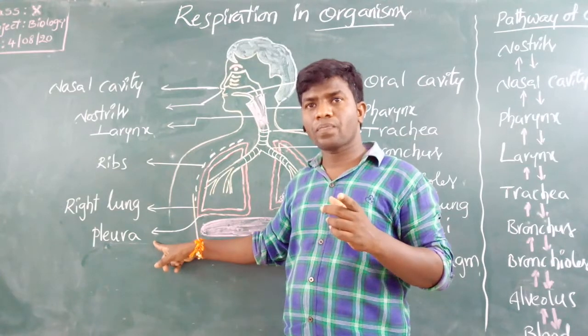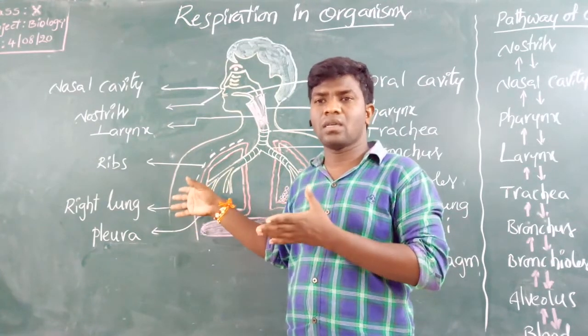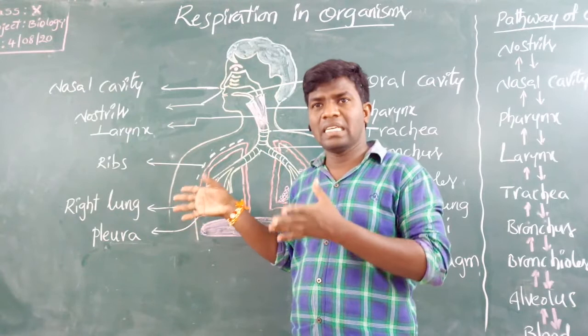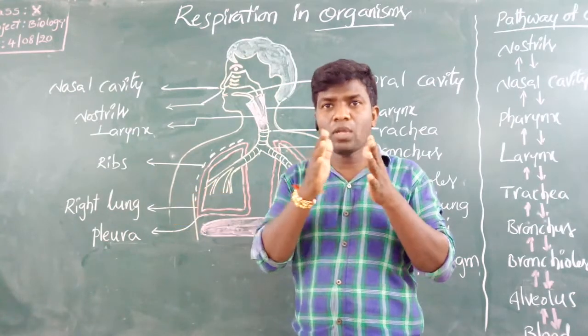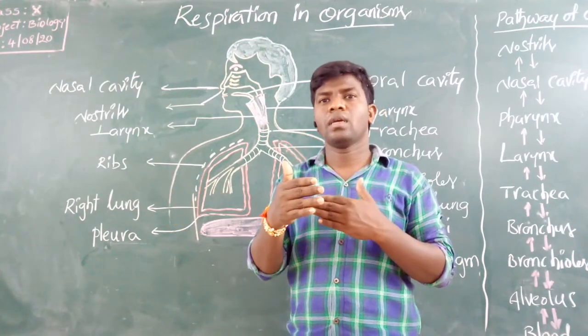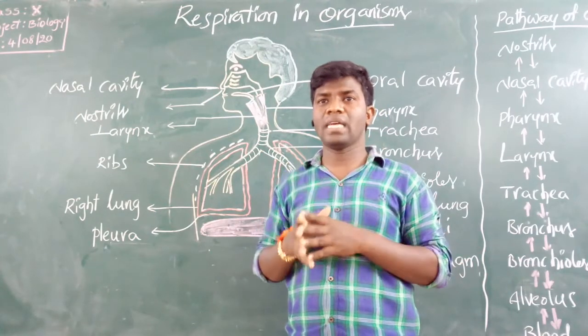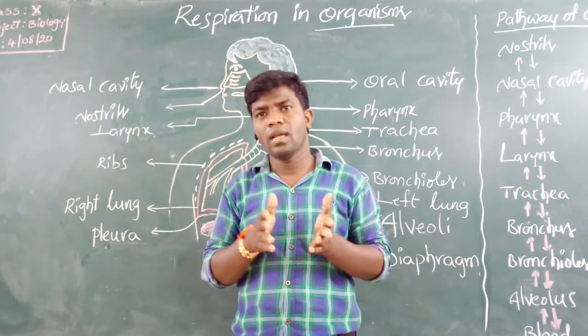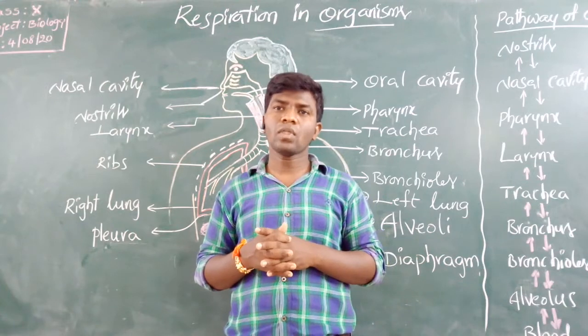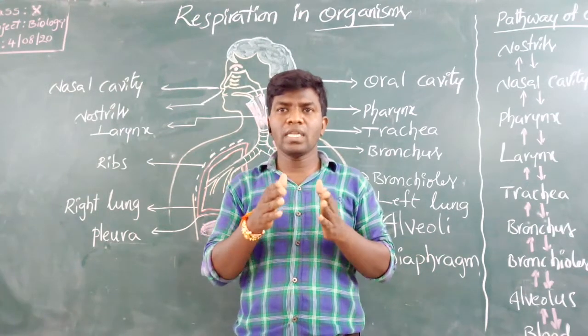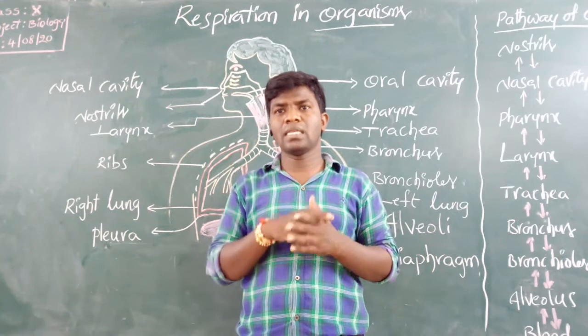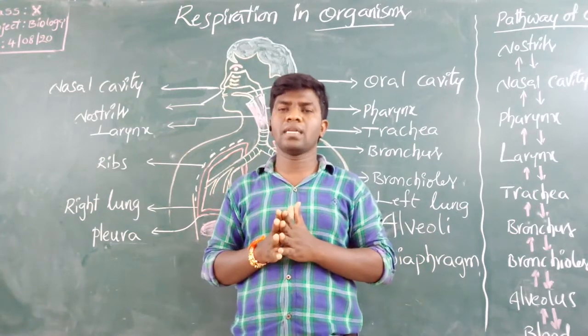Here the pleural fluid keeps the surface of the lungs moist for diffusion of gases, that is, oxygen and carbon dioxide.